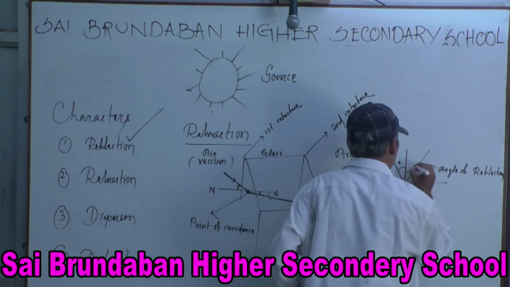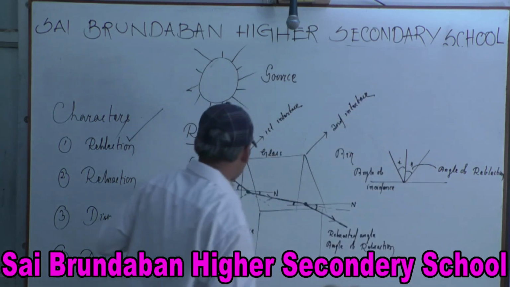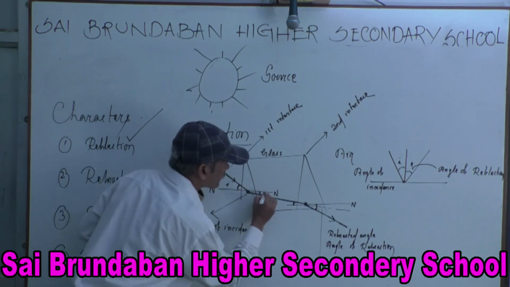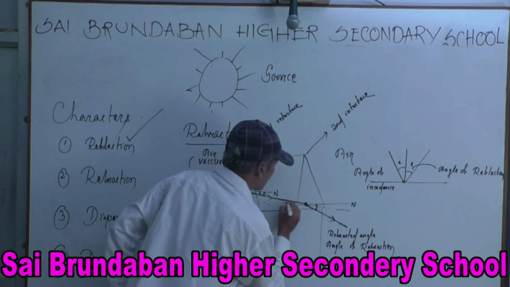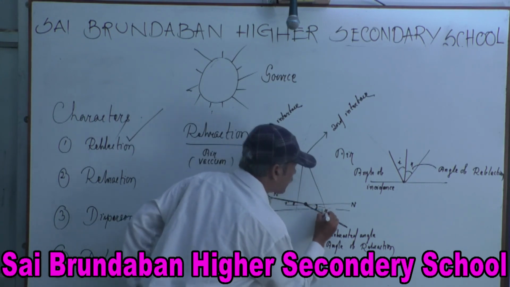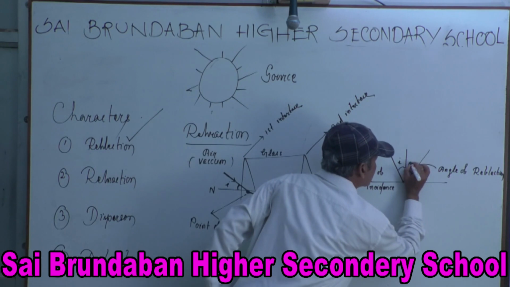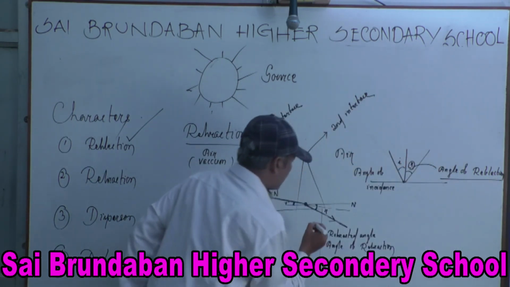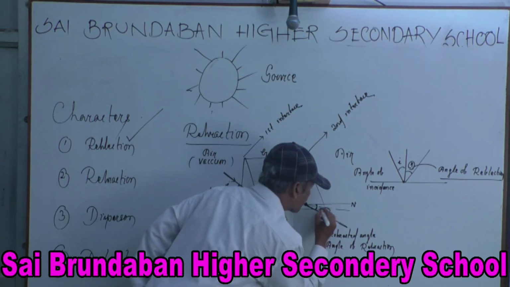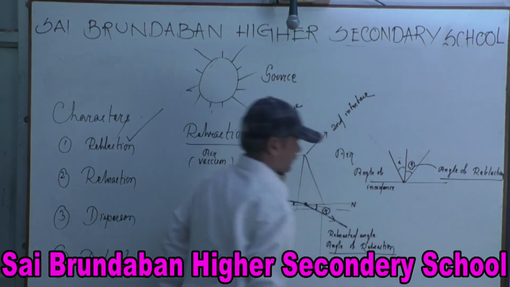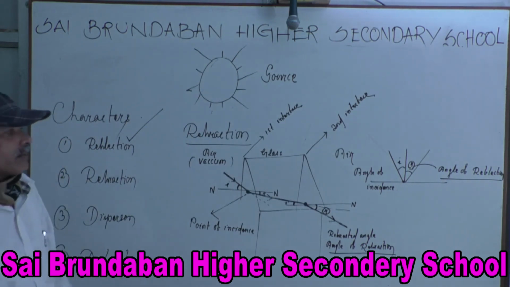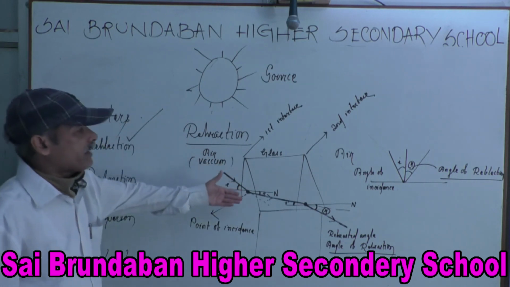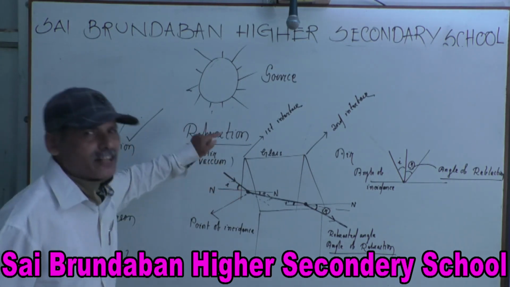So you can write this is I, this is R. The same thing, this is I, this is also R. But here the R is angle of reflection and here the R is angle of refraction. So remember, this is the phenomenon of reflection. This is another phenomenon that is called refraction.